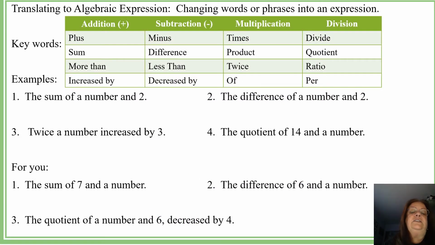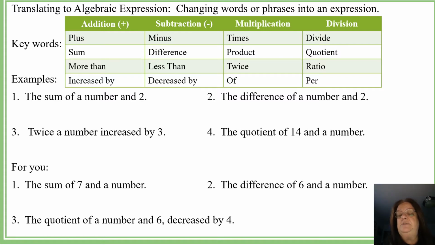All right, translating to algebraic expressions, changing words or phrases into an expression. I have keywords we look for. Plus, some, more than, and increased by are for addition. Subtraction has minus, difference, less than, and decreased by as your common terms.